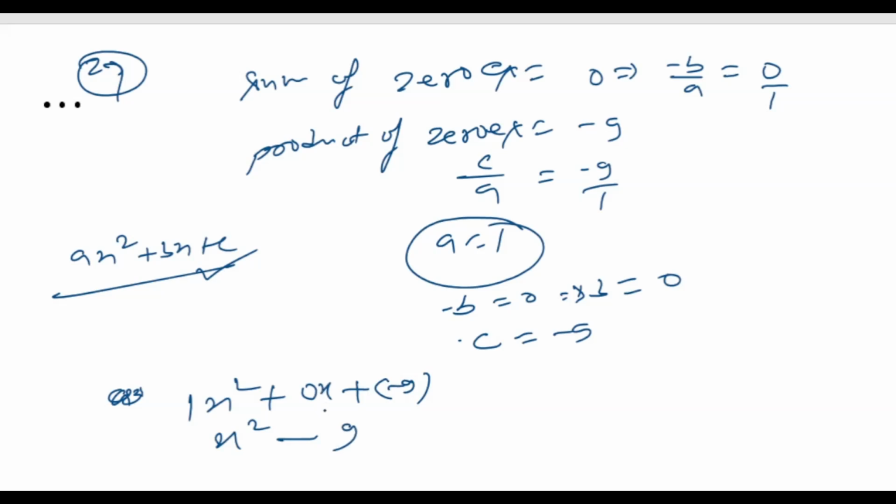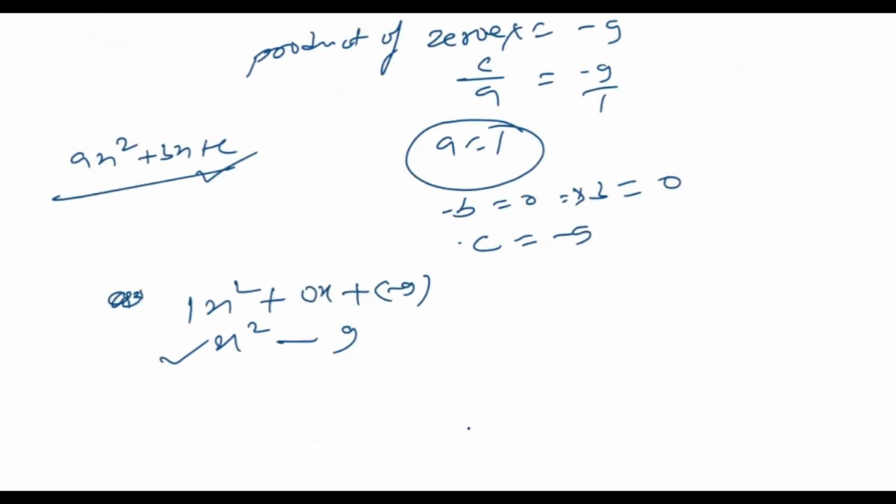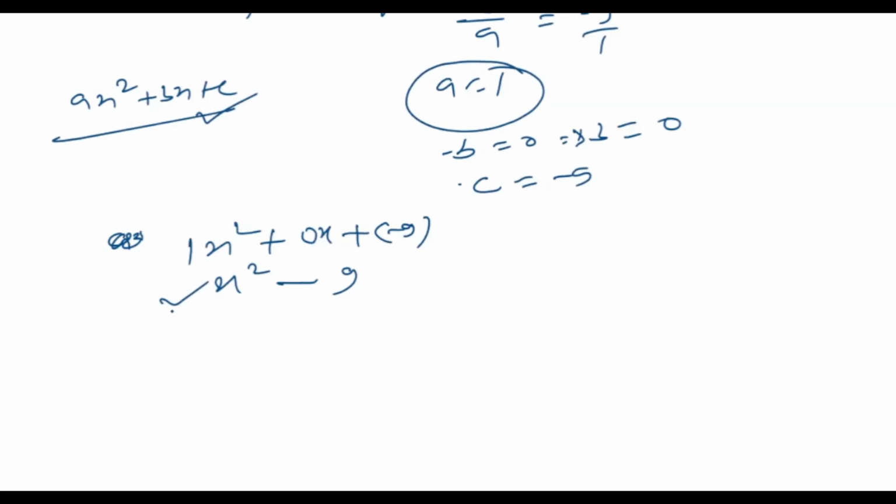Why? Because 0x is 0, so x is eliminated. So this is the quadratic polynomial, but you also have to find the zeros of this polynomial. So let's solve.